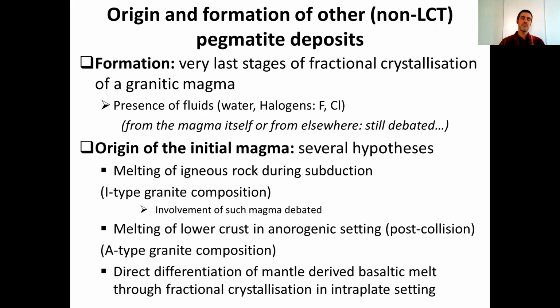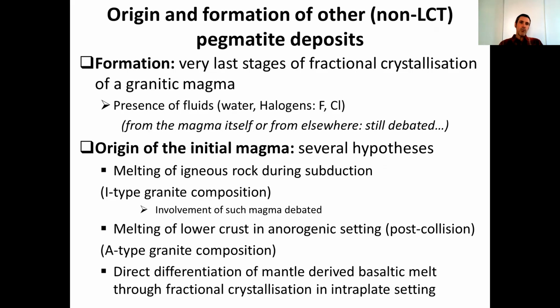This is still debated. As for the origin of this initial granitic magma, there are several hypotheses. That could be melting of an igneous rock during a subduction, what we call I-type granite composition, though the evolution of such magma is debated in the origin of the non-LCT pegmatites. Another hypothesis is the involvement of melting of lower crust in a post-collision setting.